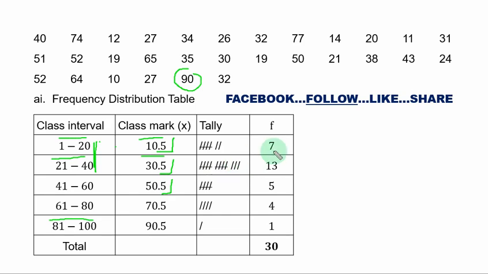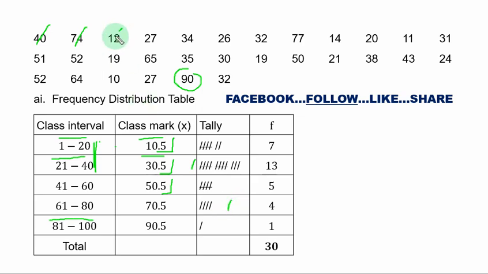For you to get frequency, you need tally. To get the tally, you go to the data. You must know that tally is stroke representation of frequency. If you strike off the first score 40, you record it in the interval 21 to 40 in this form. You strike off 74, you record it in this interval.